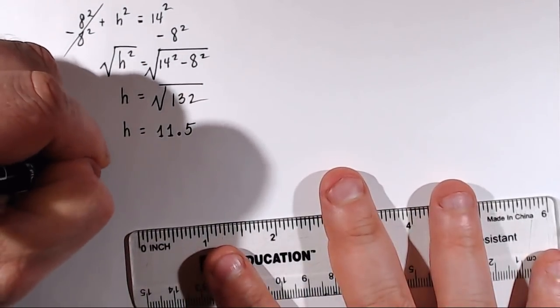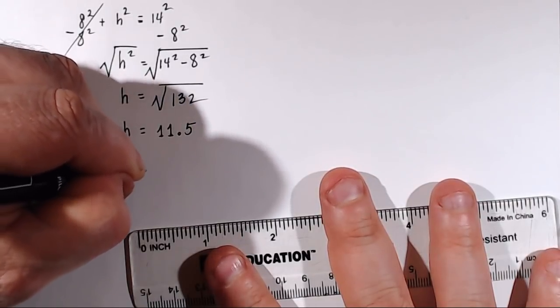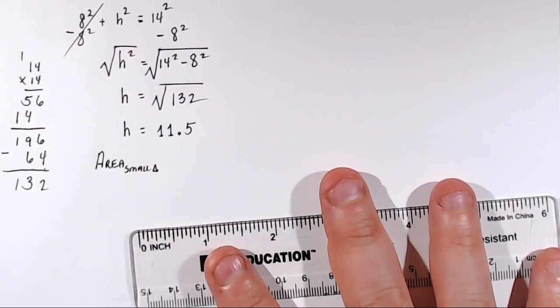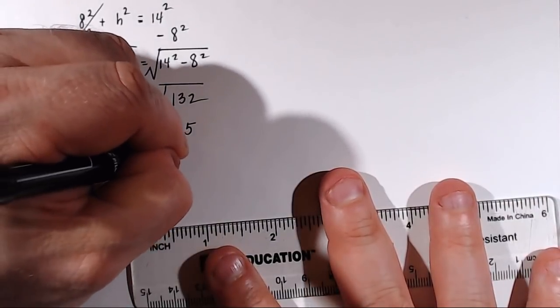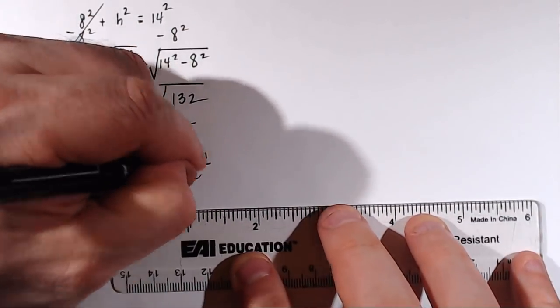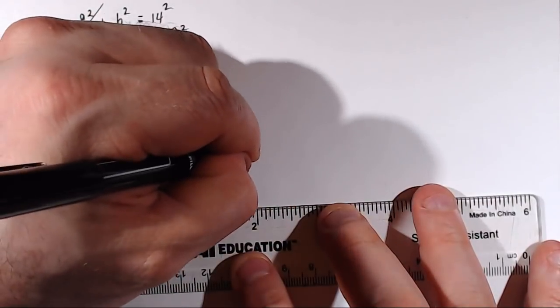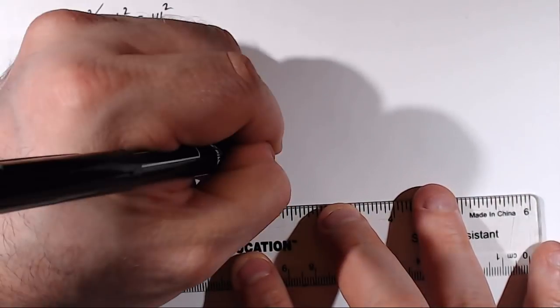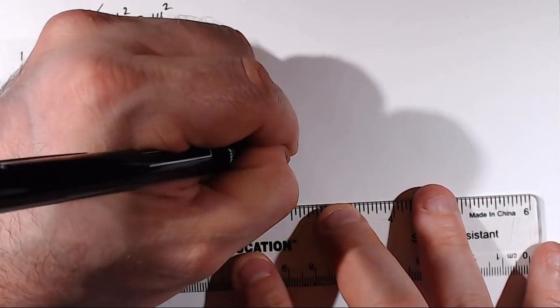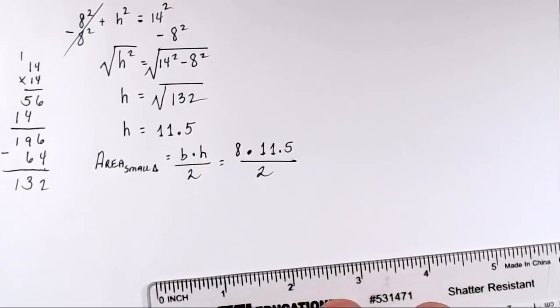So this is the area of the small triangle, which is equal to base times height divided by 2. And that is equal to the base, which is 8, times the height, which is 11.5, divided by 2.